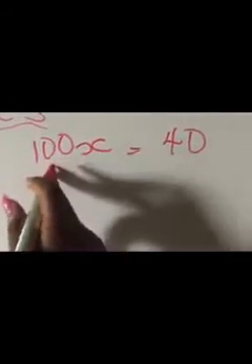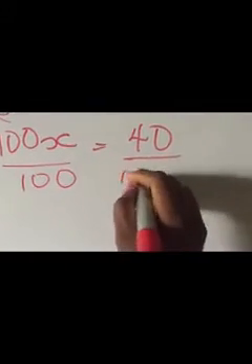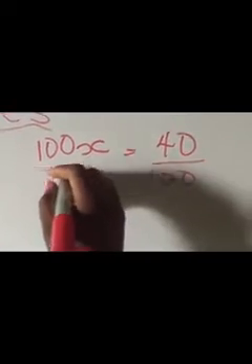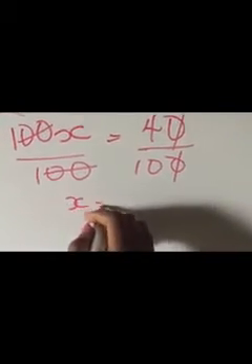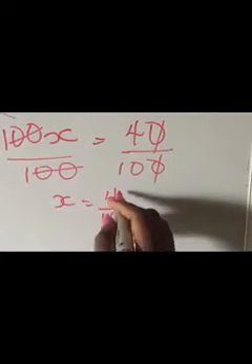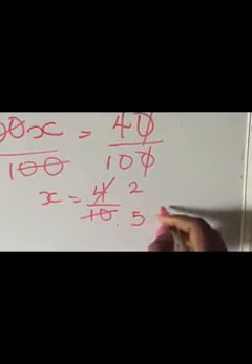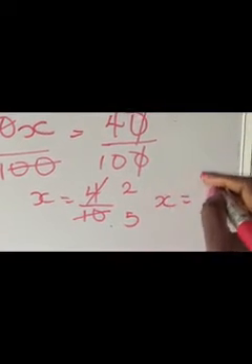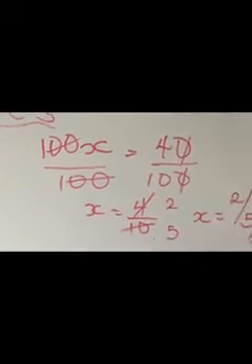So we divide this by 100, and this also by 100. This cancels, this cancels. So x is equal to 4 over 10. We can put it in its lowest term: 2 here, 2 here, 5. So x equals 2 over 5. This is our answer. Then number 12.